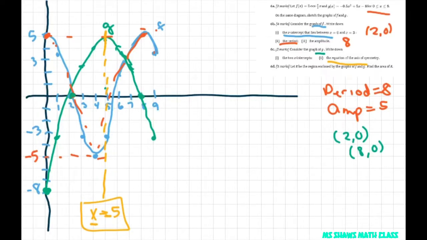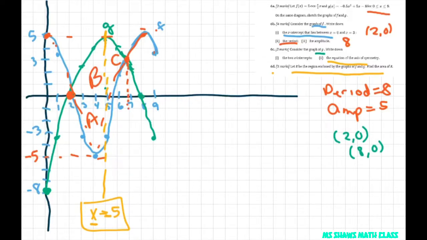All right, so now we're going to let R be the region enclosed by the graphs of f and g. So that means this area, let's do red, A, B, and C. So we're going to do our limits of the area from here to this point here.